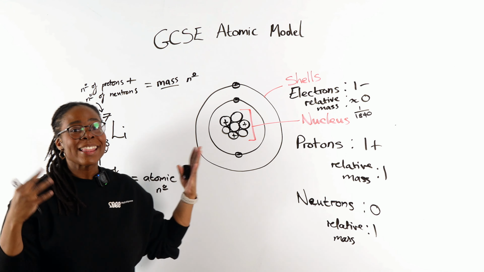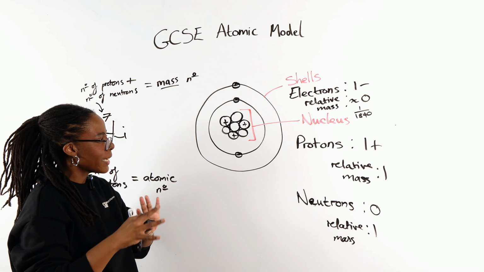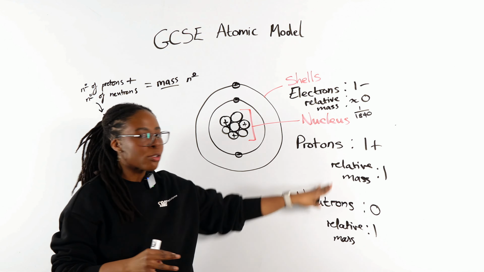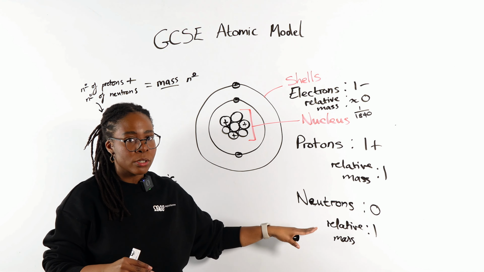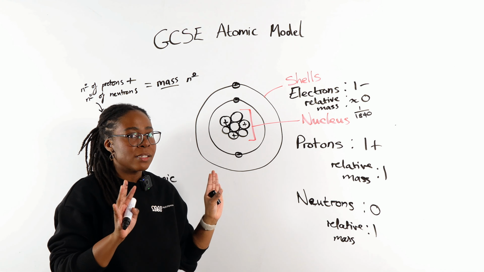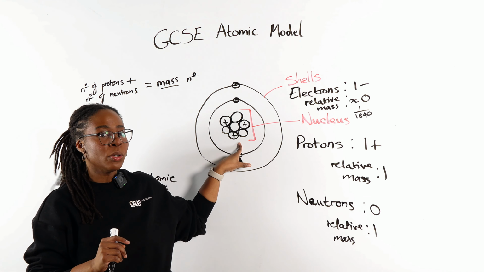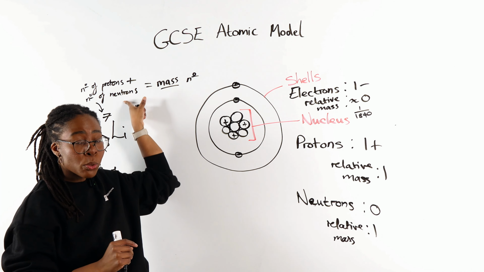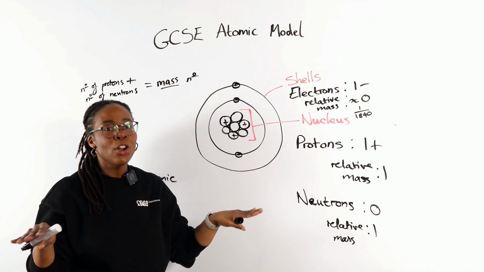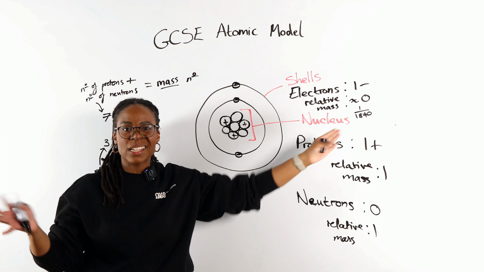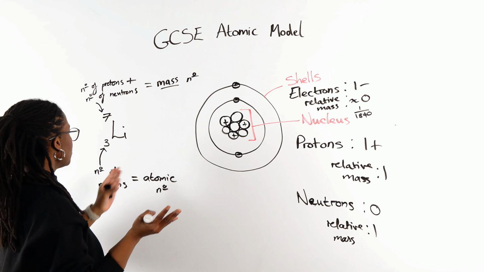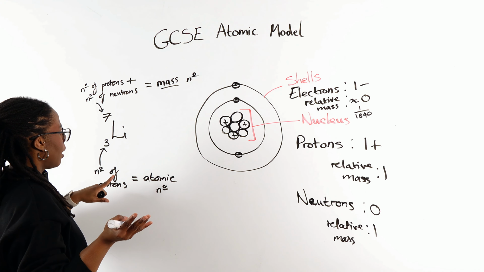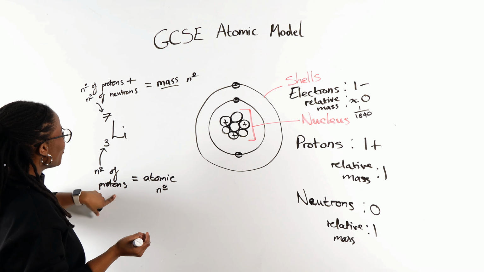Okay, again, this helps us to link back together what we already know about the relative masses of protons and neutrons. All of the mass of an atom is concentrated in the nucleus. So when we're considering the mass number, that's only taking into account the protons and the neutrons, not the electrons, because their relative mass is approximately 0. So now we've got the number of protons.